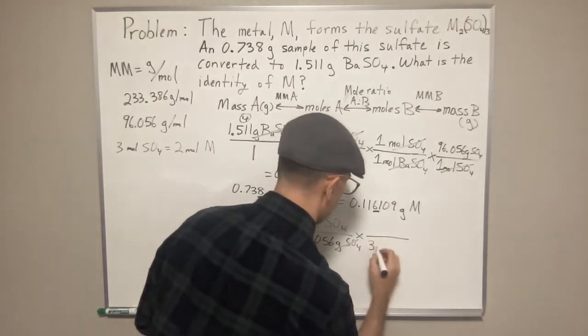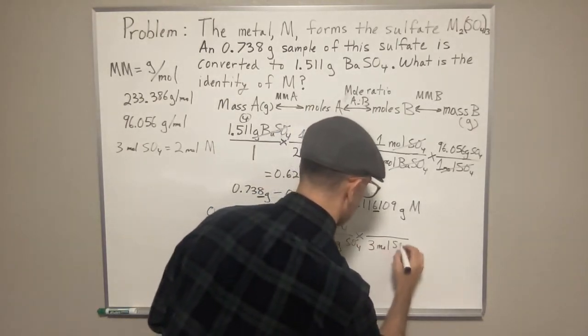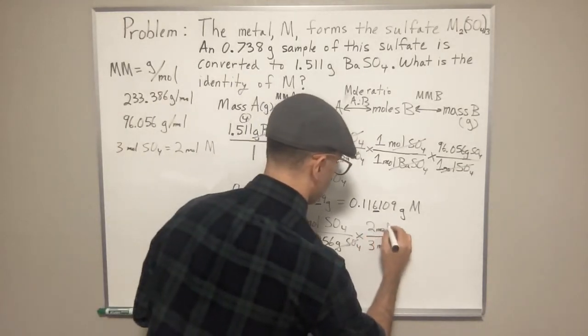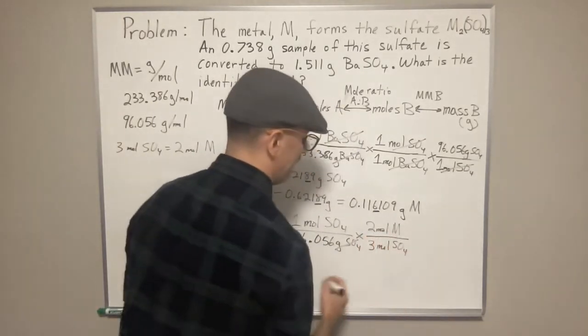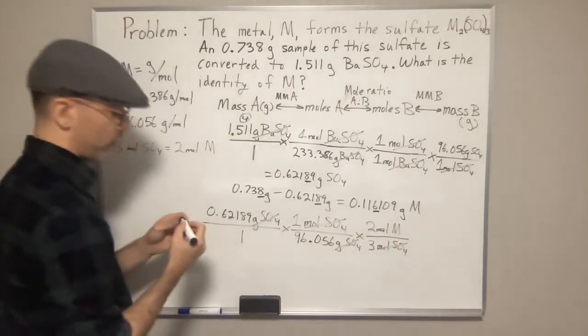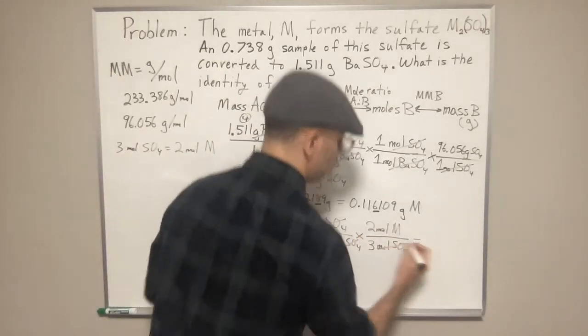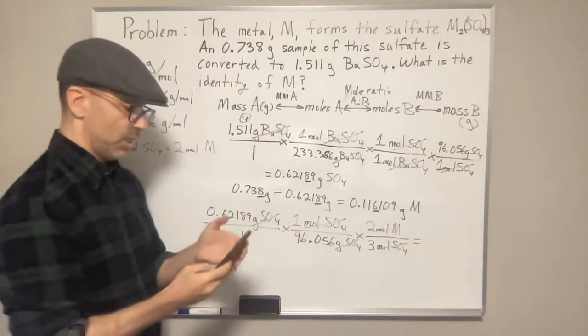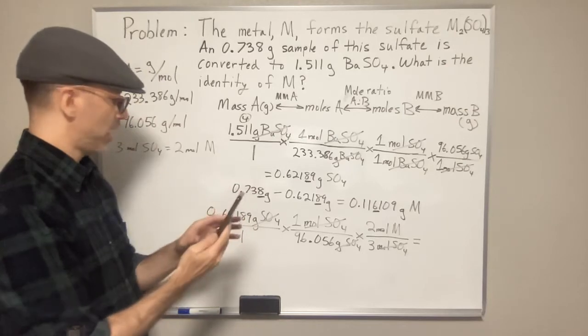So I have 3 moles of sulfate, and I'm going to put 2 moles of my metal on top. So moles of sulfate cancels out. I have my moles of metal. So now all I need to do is calculate the moles of my metal. So let's go ahead and do that.